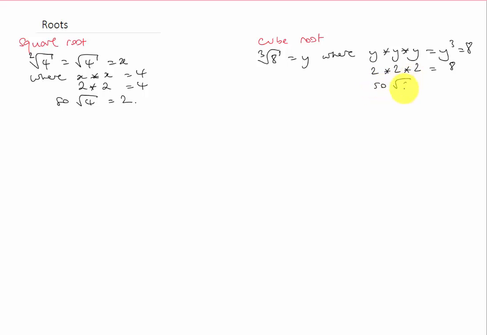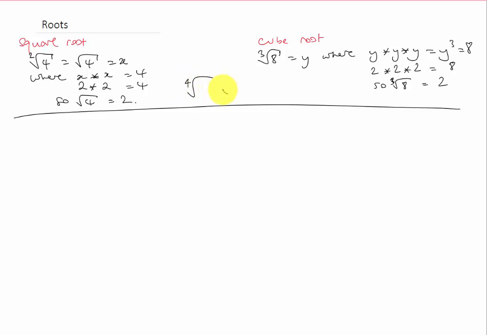So square root of 8 is 2. Sorry, the cube root. Silly me. Cube root of 8 is 2. And we can carry on with 4th roots, 5th roots, etc. And it's the same principle. But I think we'll probably only be having to deal with square roots and cube roots.